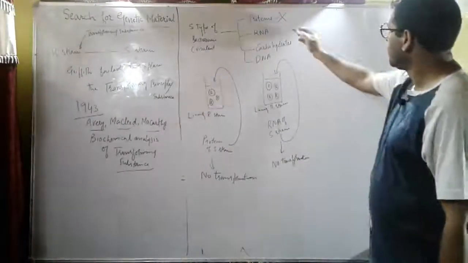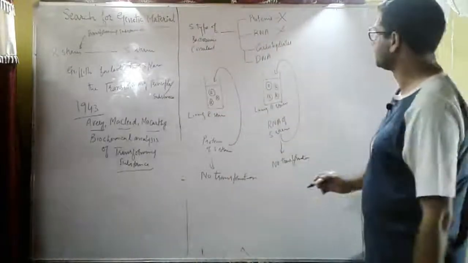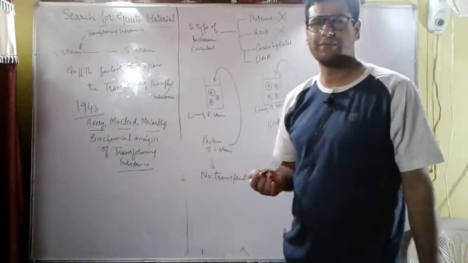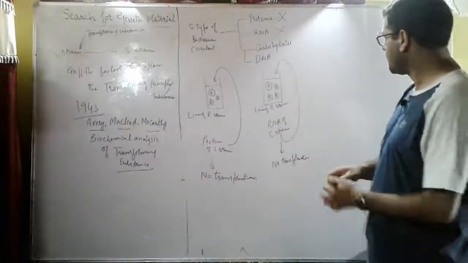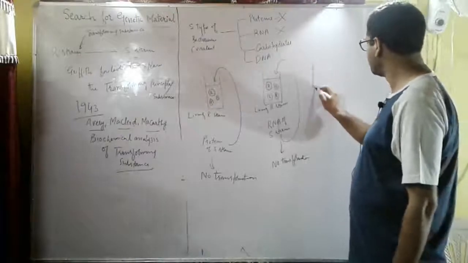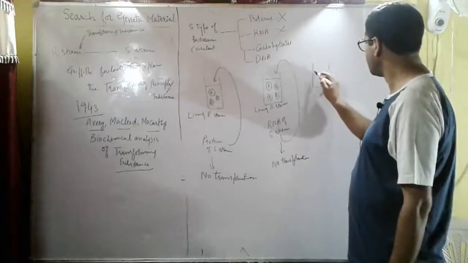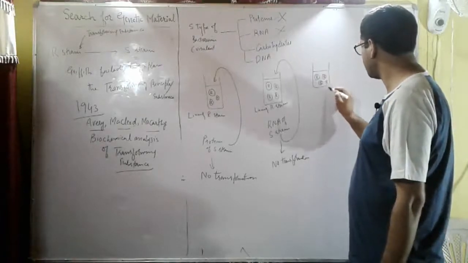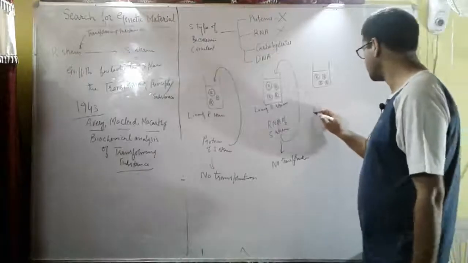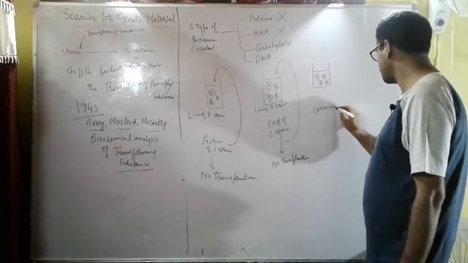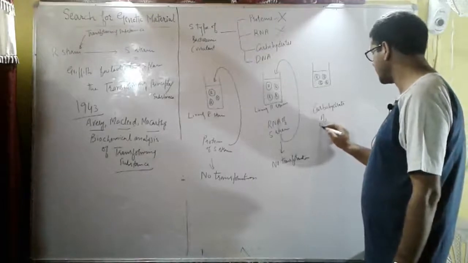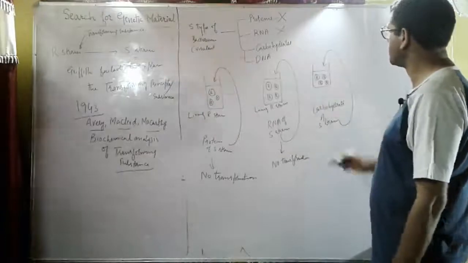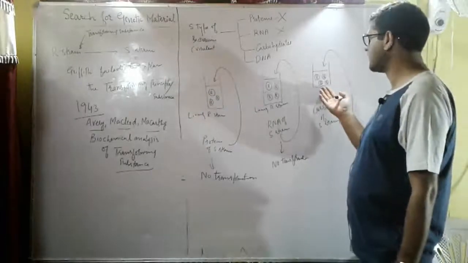It means that RNA is not the transforming principle, or RNA is not the transforming substance. Then the carbohydrate of the S strain was introduced in the culture medium having R type of bacterium.